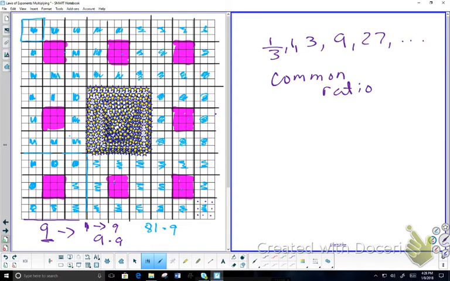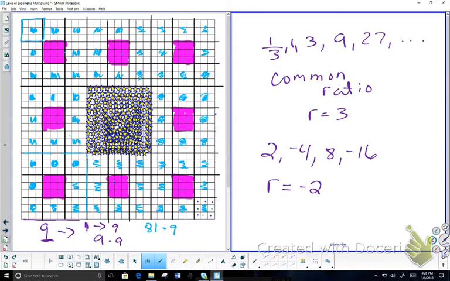Now it works. 1/3 times 3 is 1. 1 times 3 is 3. 3 times 3 is 9. 3 times 9 is 27, and so on. So our common ratio would be 3. Okay? Look at something like this. Can you figure out what the common ratio is for that? 2 times -2 is 4, times -2 is 8, times -2 is 16. So this one would be a common ratio of -2.